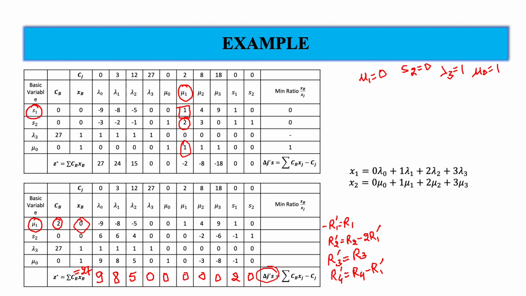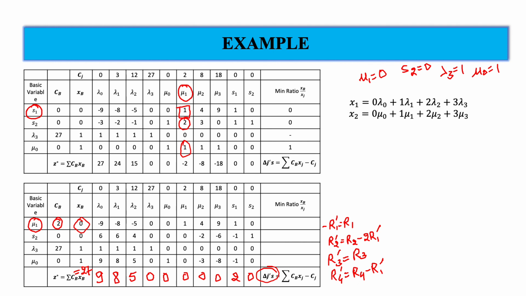When you substitute in x1 and x2, you will get the values of x1 and x2, where mu naught is 0, mu1 is 0, mu2 is 0, mu3 is 1. So x1 is equal to 3, and the other terms are 0, so x2 is 2. So the optimal solution of x1 and x2 is 3 and 2.